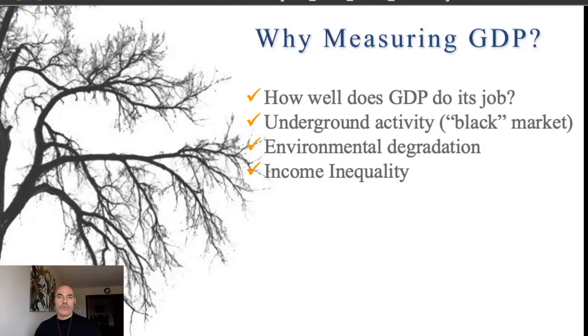You can think about a podcast or some YouTube videos, or cleaning snow in a neighborhood yard and being compensated for that in cash. Any time people do any activities that are not taxed or not recognized officially by the government, that is a part of the underground activity or black market where GDP fails.